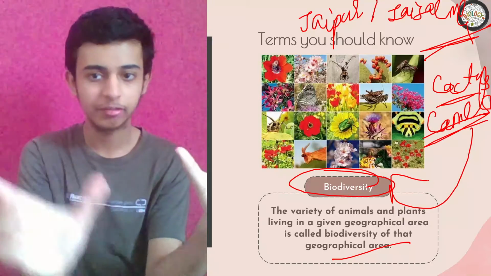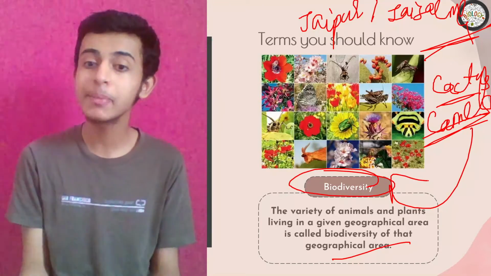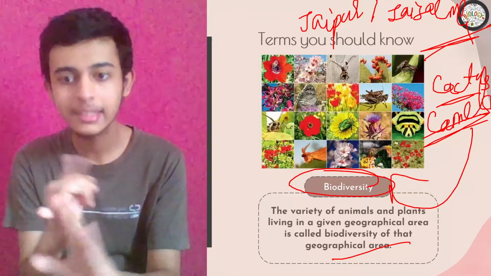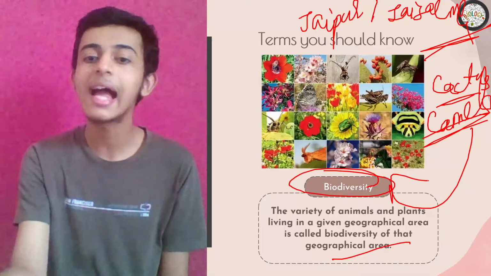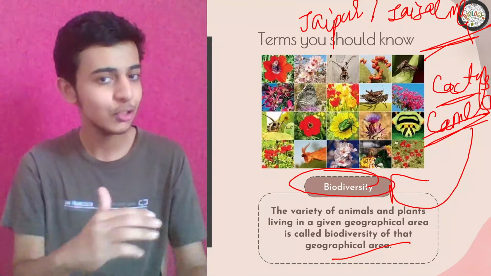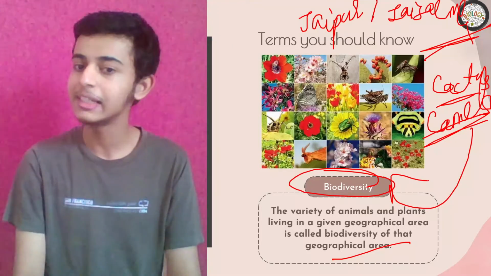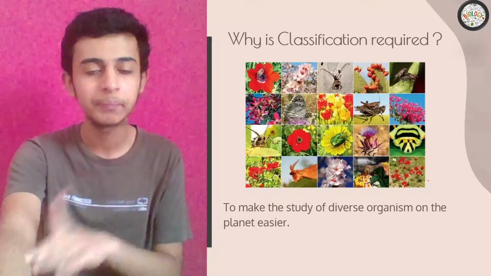Bio, life, diversity, variety. Variety of life means variety of different living organisms like plants and animals, flora and fauna. So the different plants and animals, their variety, which are living in a given geographical area, is called biodiversity of that given geographical area. Learned everybody by heart the definition?